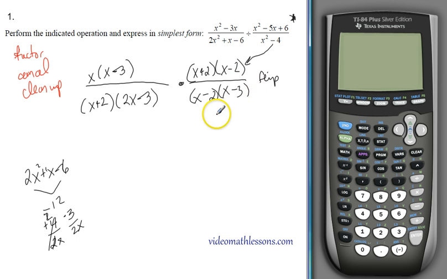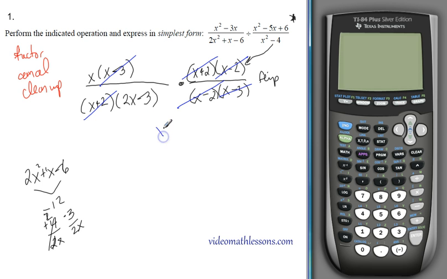Now we're ready to cancel. So we flipped it first because it was division. We factored. Now it's time to cancel. I see x plus 2, x plus 2, x minus 3, x minus 3, x minus 2, x minus 2. You never cancel into a parenthesis. This x would never go to that x.